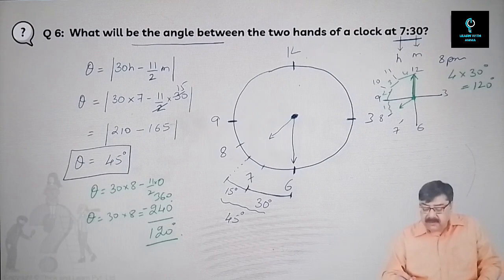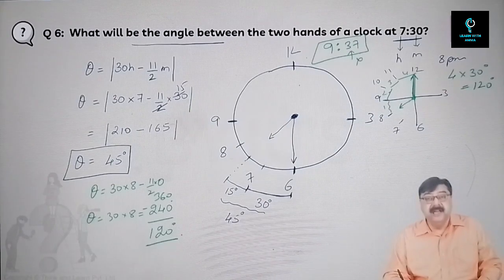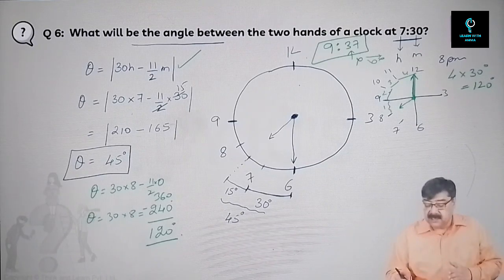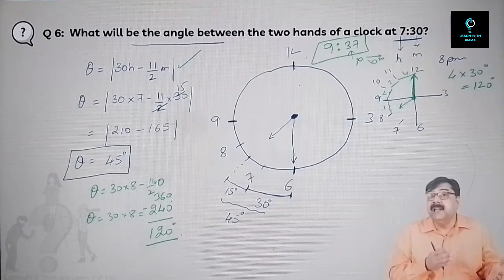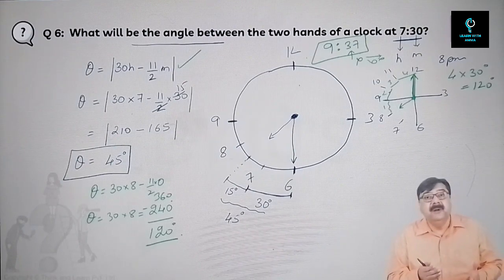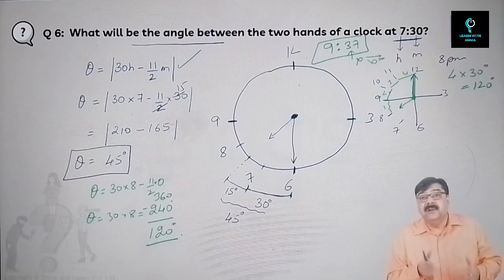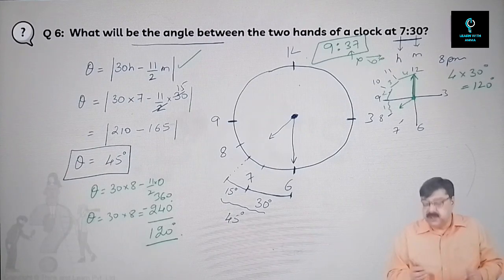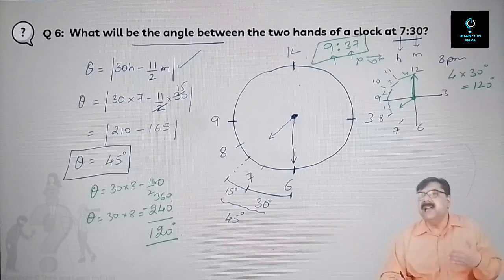But what will be the angle between the two hands if the timing given to you is 9:37? Now this needs to be worked out only through this method, but not through this, that is actually trying to find out the amount of degrees of angle between the two hands, because it will be very difficult for you to find out the exact position of our hand at 9:37 or even at 9:35.